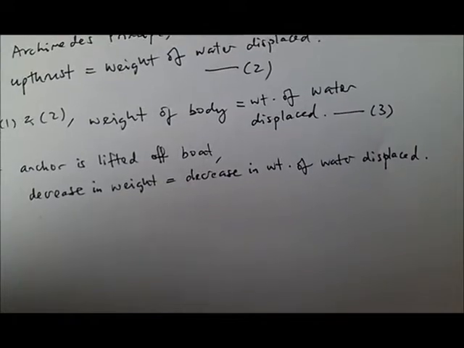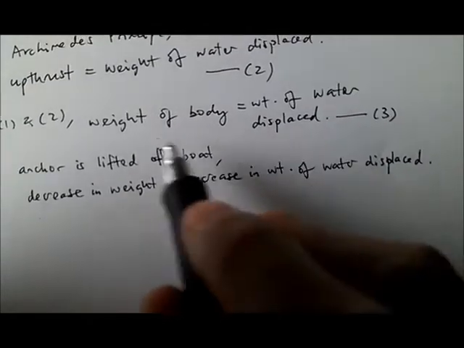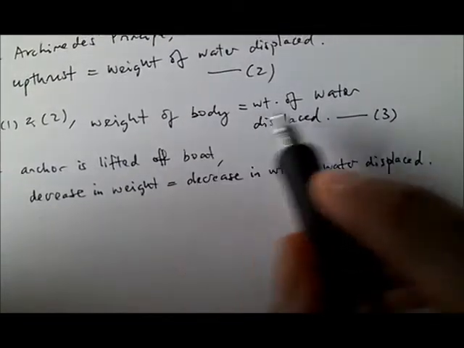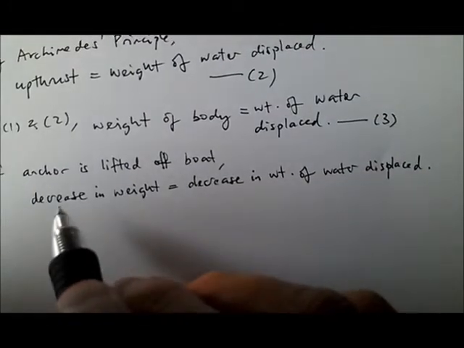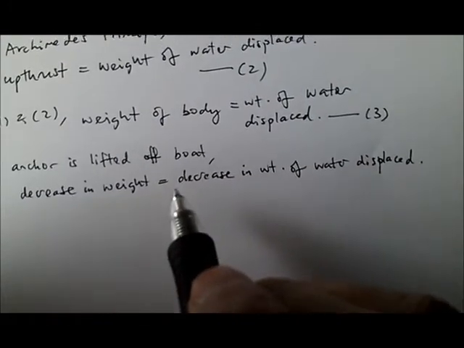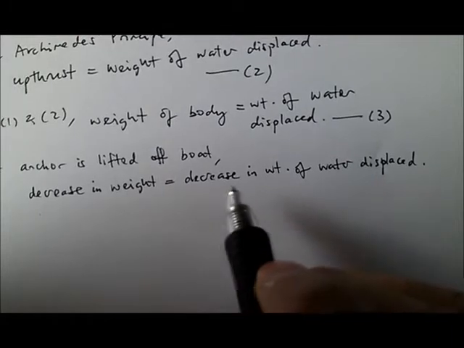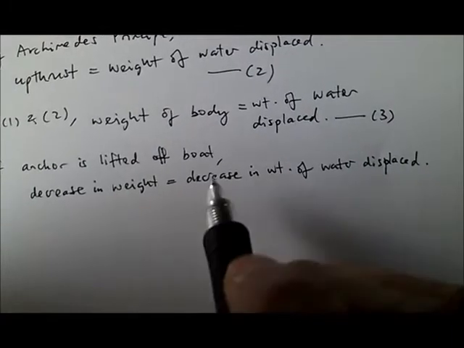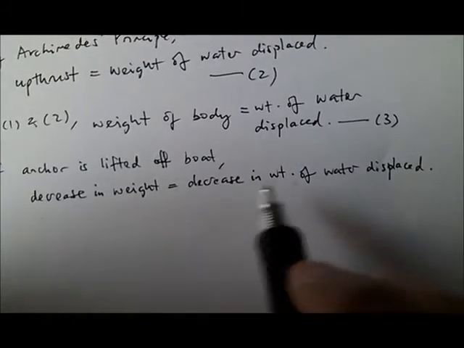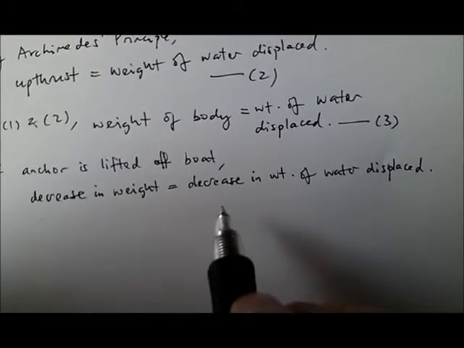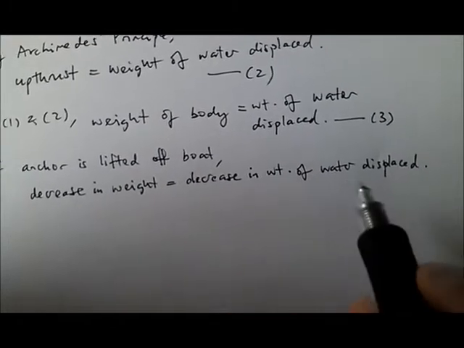This relationship follows directly from here: the weight of the body equals the weight of water displaced, so any decrease in the weight of the body will result in a corresponding decrease in the weight of the water displaced. So from this, we are able to calculate the weight of the water displaced.